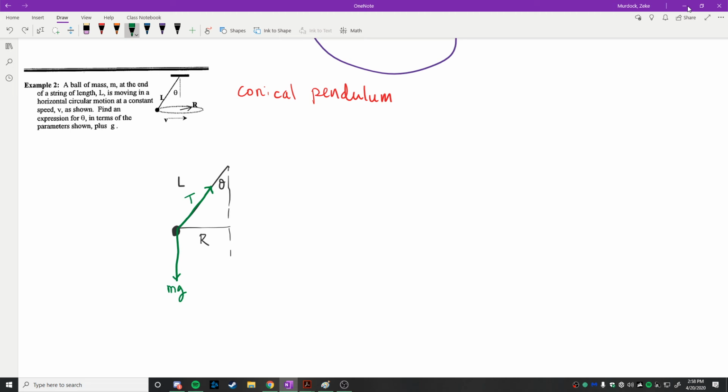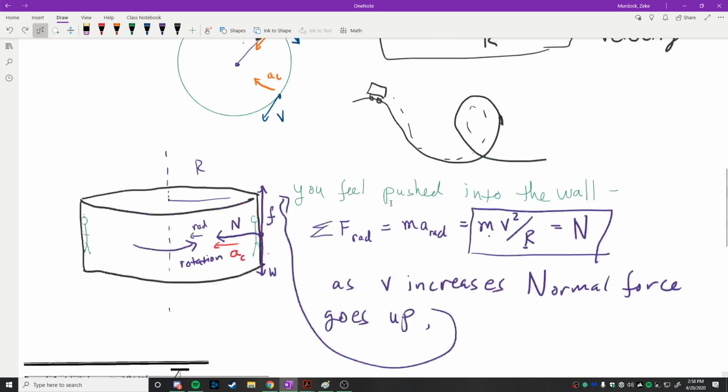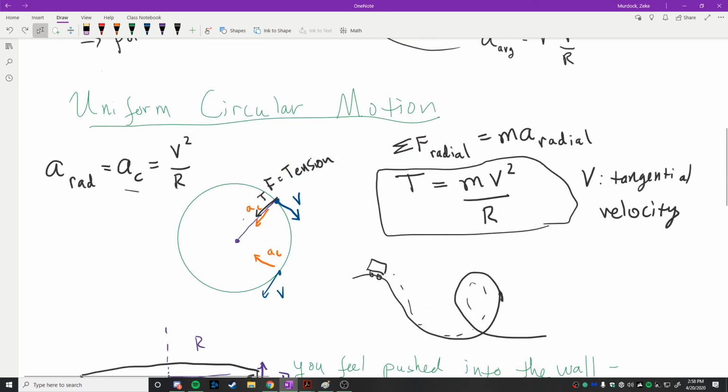So centripetal force doesn't come from anywhere. Centripetal acceleration just comes from the fact that when an object moves in a circle, it has to have an acceleration towards the center to bend the object into a circle.